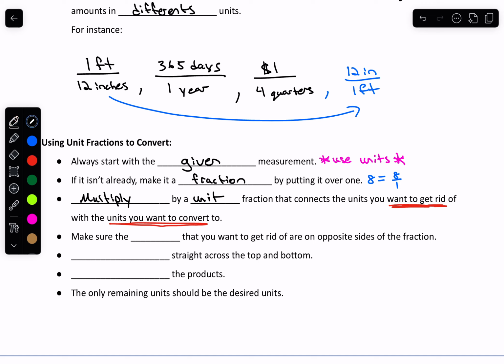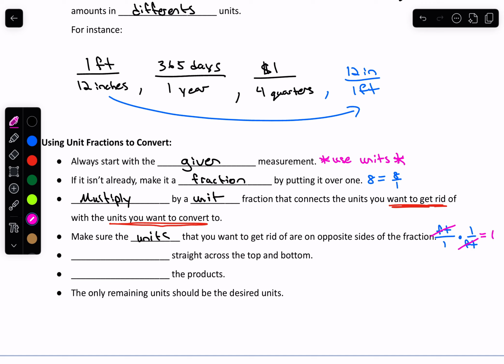Then we're going to make sure that the units we want to get rid of are on opposite sides of the fraction. So if we have a numerator that has feet in it, we would want to make sure that the denominator of the next unit fraction has feet in it to cancel out that unit. For example, feet over 1 multiplied by 1 over feet, the unit of feet here would cancel to just leave us with 1.